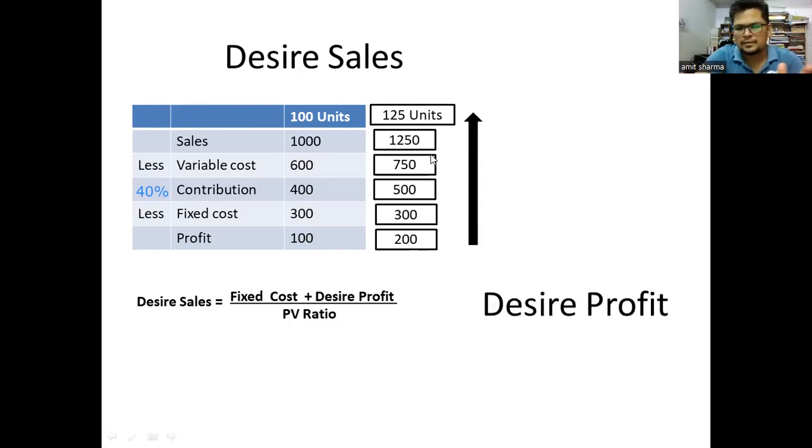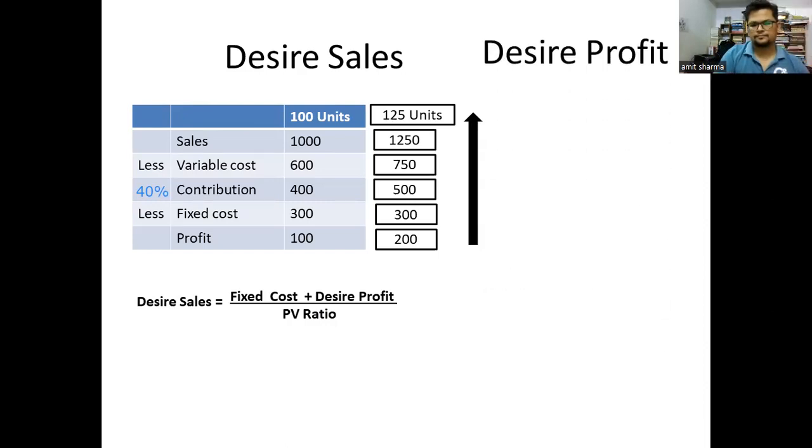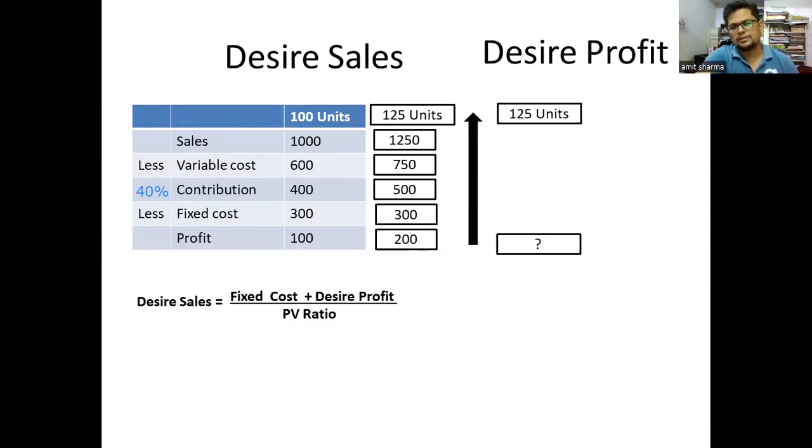Sorry for the interruption. The next topic is desired profit. Suppose we are selling 125 units. At the previous level we were selling 100 units. Now we decide to sell 125 units. How much profit will we calculate?